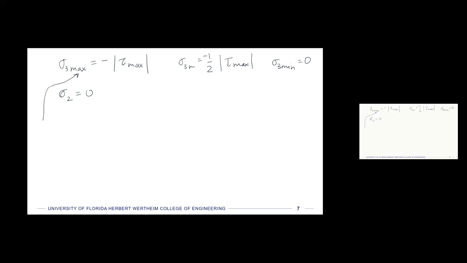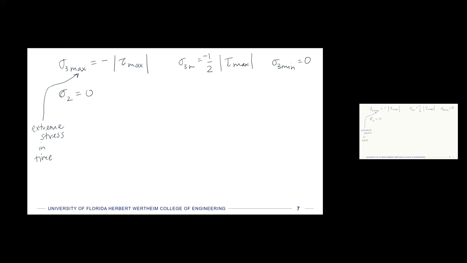Max here is just the designator that means it's our extreme stress state in time. When the stress is the most extreme in time with our fluctuating stresses, we're calling that max. And at that time, the value of sigma 3 would be minus tau max.